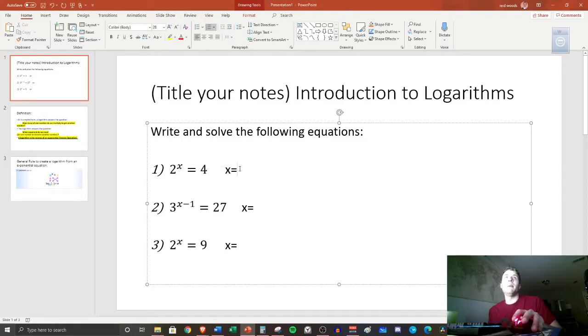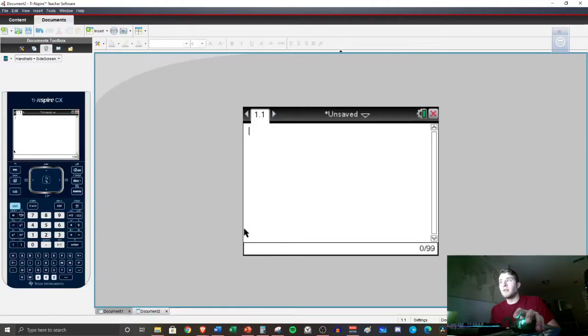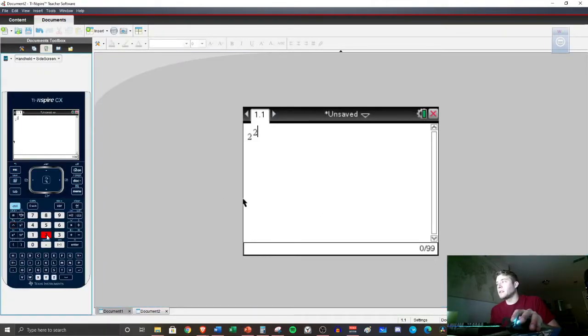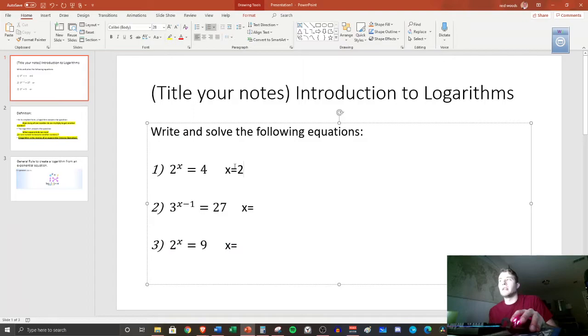Well, 2 to what power is 4? I think most everyone knows that 2 squared is 4. If you had a calculator handy, you could raise 2 to the second power. You know that it's 4. You can sort of check this if you want. But I think most people have that common knowledge that it's 2.